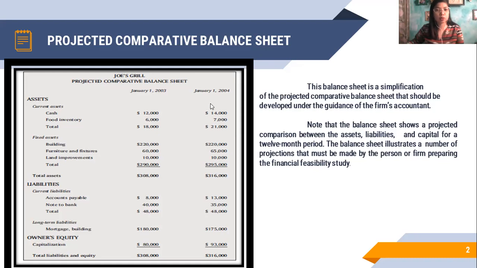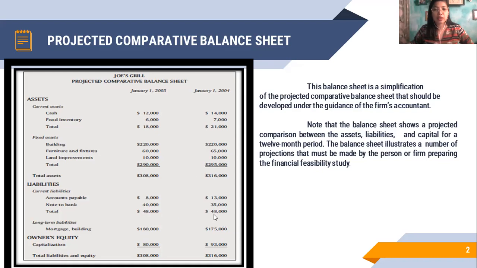Okay. So for the 2004, note that the balance sheet shows a projected comparison between the assets, liabilities, and capital for a 12-month period. The balance sheet illustrates a number of projections that must be made by the person or firm preparing the financial feasibility. Of course, for the next year or projected year, this is just an example, but your liabilities should decrease.